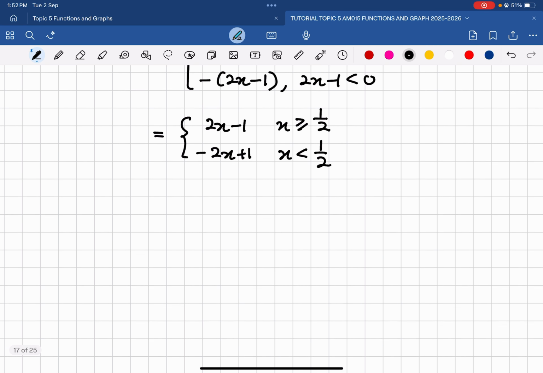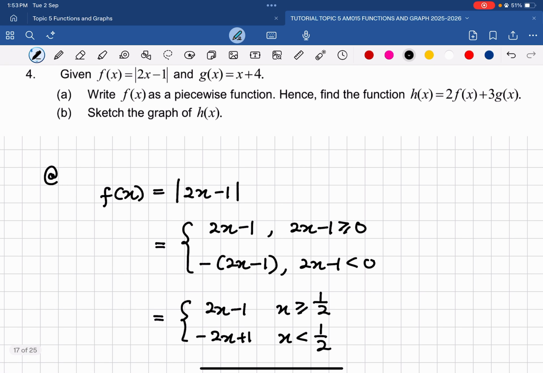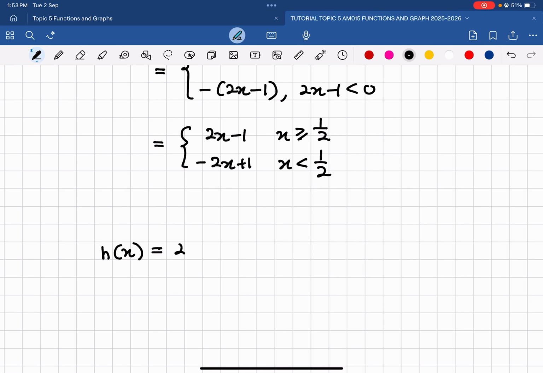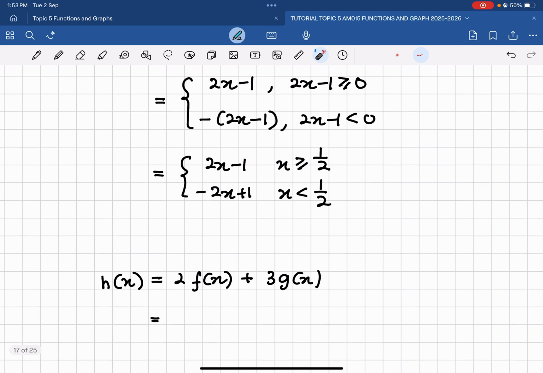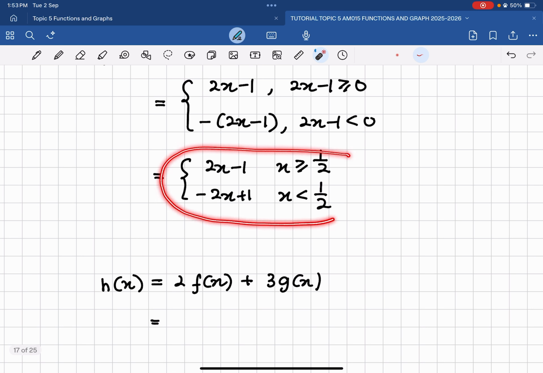Hence, find the function h(x) equals 2f(x) plus 3g(x). Okay, so we know that our function f(x) is piecewise now.